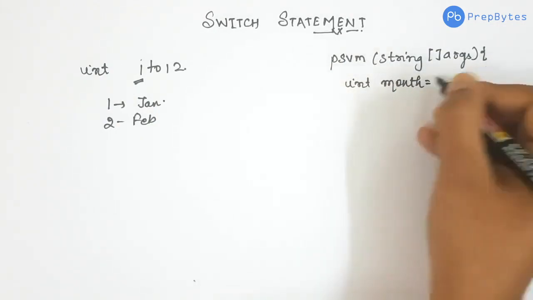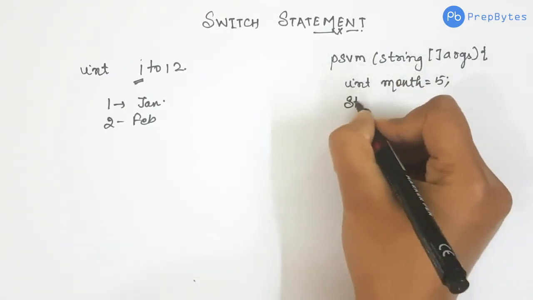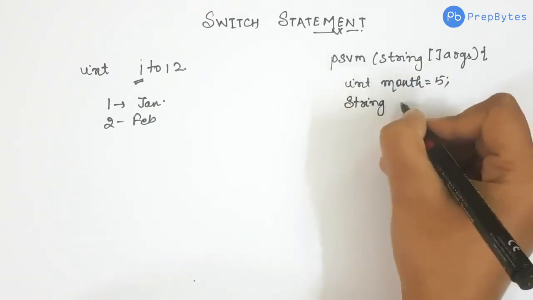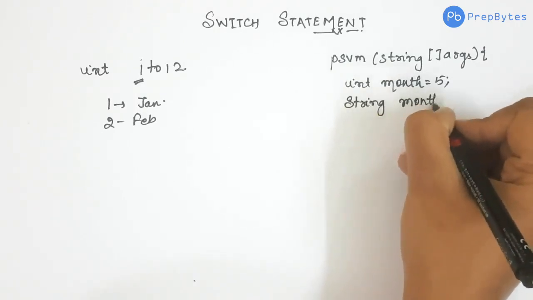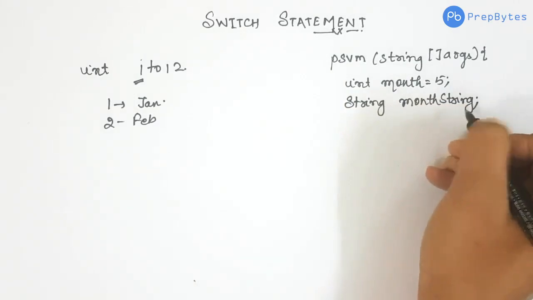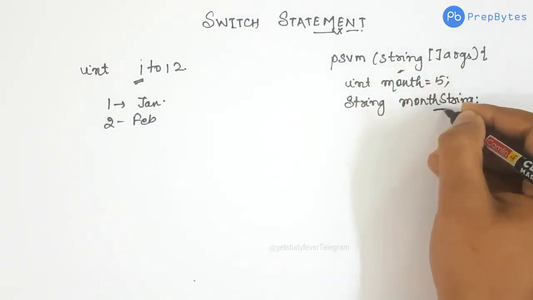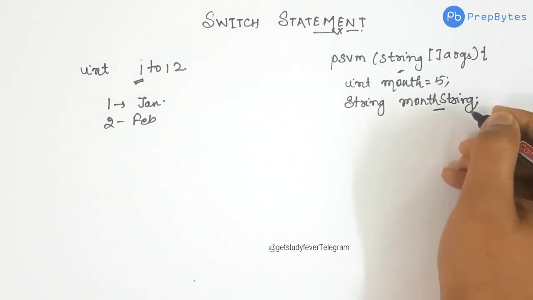Let's say month is 5. Let's say we also have a string, month string. Based on the value of this month, I have to assign month string the value January, February accordingly.